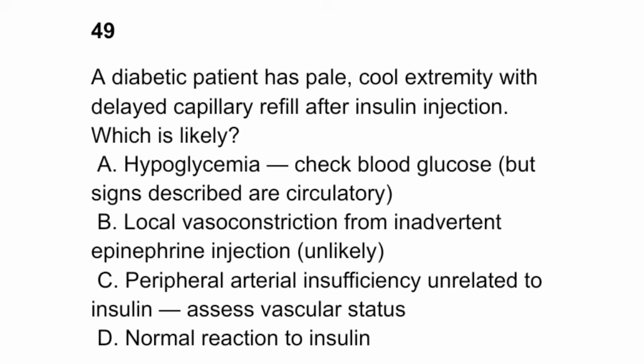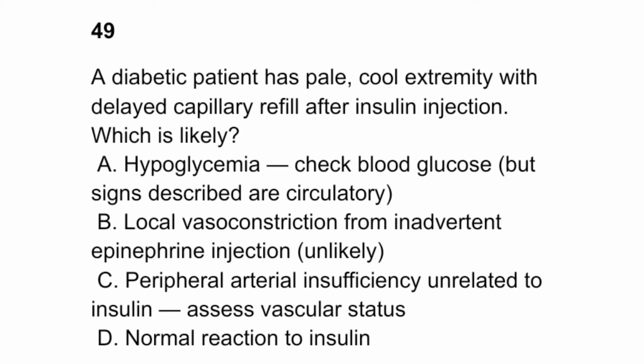49. A diabetic patient has pale, cool extremity with delayed capillary refill after insulin injection. Which is likely? A. Hypoglycemia, check blood glucose, but signs described are circulatory. B. Local vasoconstriction from inadvertent epinephrine injection, unlikely.